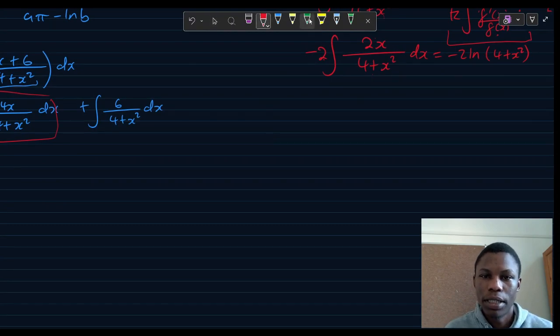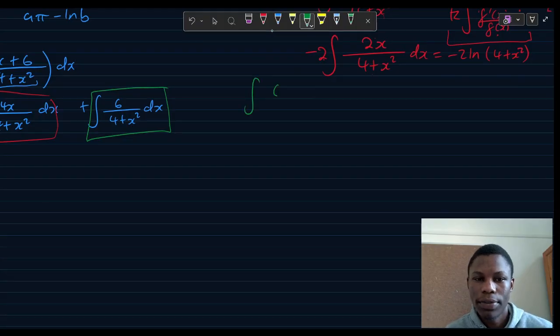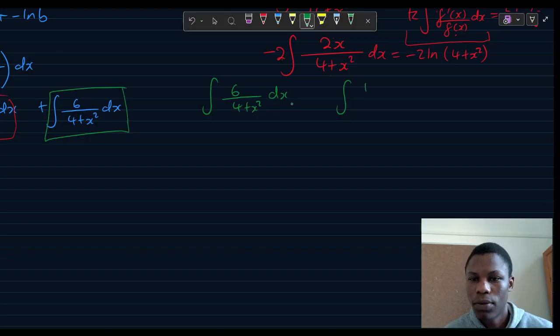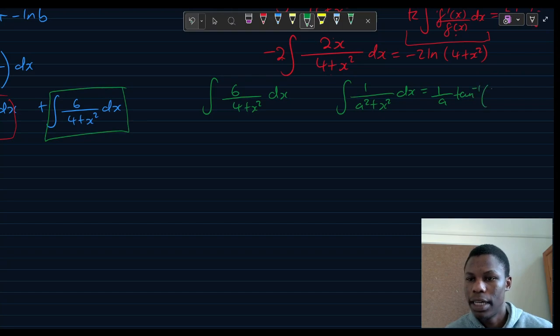And then we also need to deal with this part here, which is the integral of 6 over 4 plus x squared with respect to x. And here what you're going to use is the integral of 1 over a squared plus x squared with respect to x. This is in the MF19. 1 over a arctan of x over a.